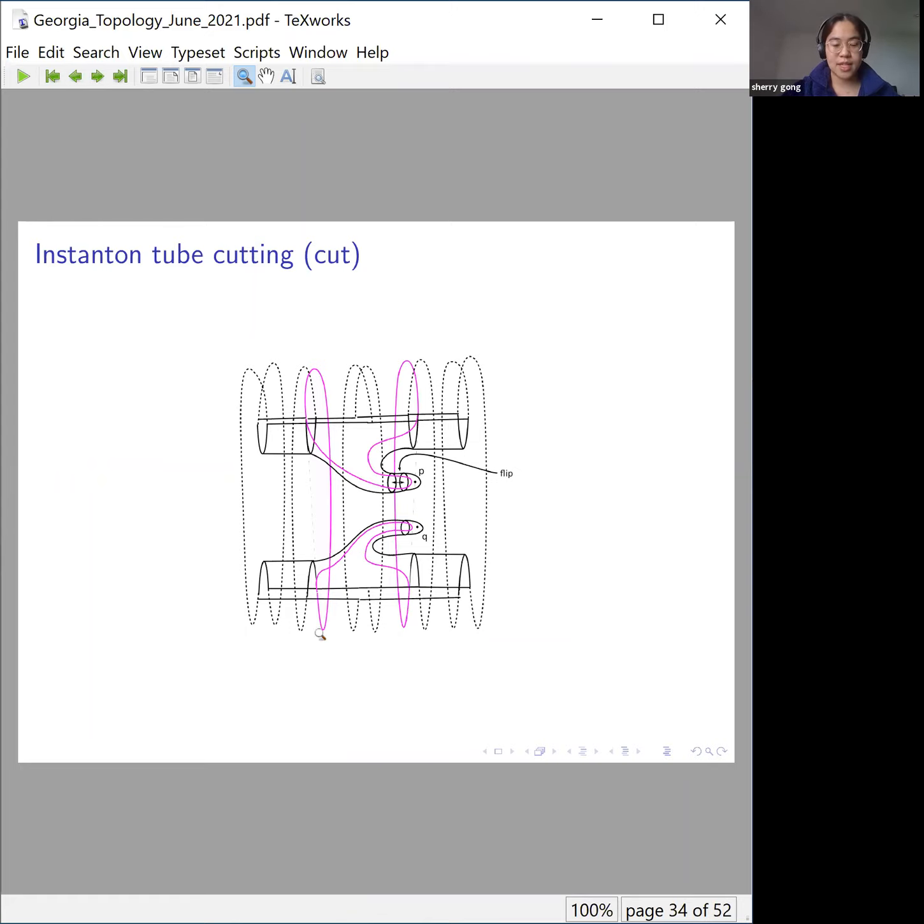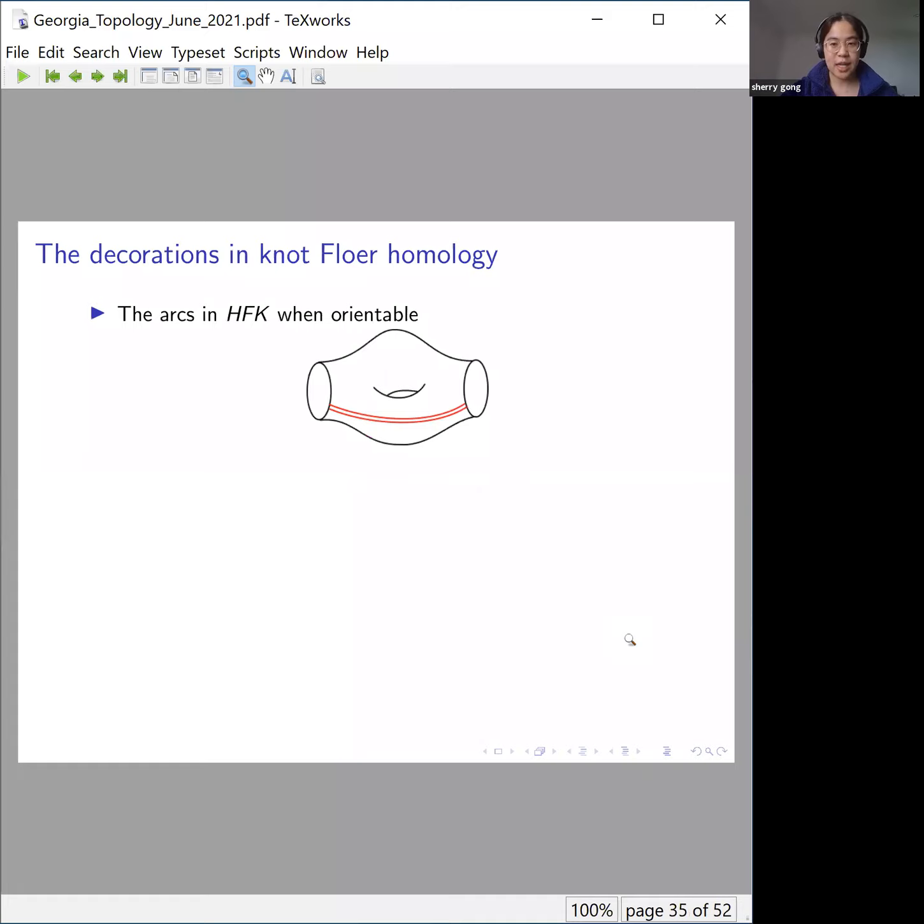Okay, so let me briefly go over what happens with knot Floer homology. For HFK, I guess this should have been HFK prime, but in order to induce a map in knot Floer homology, you don't just have a cobordism, you have a cobordism with a little bit of extra data.